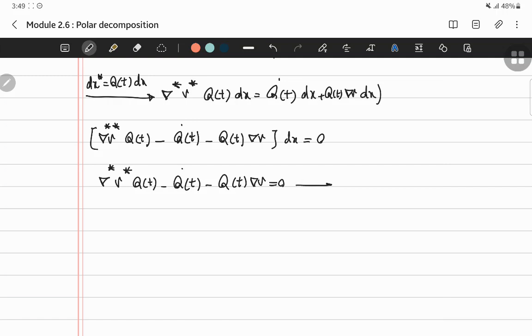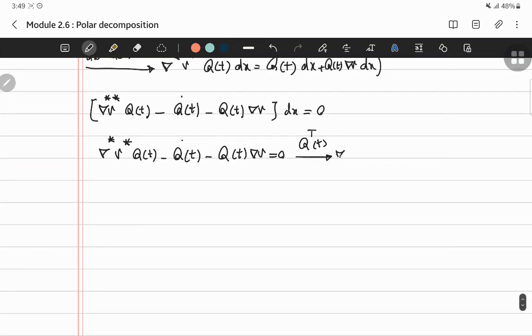So if I multiply this side with q transpose, this becomes del star v star qt q transpose t, so this becomes I, so I have I in here minus q dot t q transpose t minus qt del v qt transpose t is equal to 0.